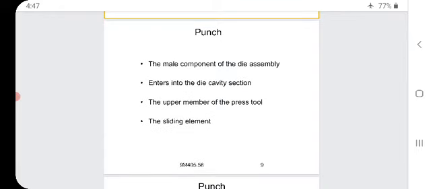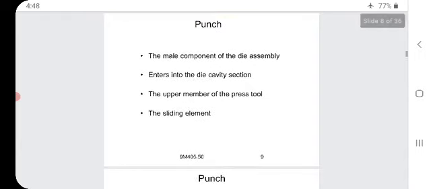Punch: the male component of the die assembly. The punch is nothing but the male component of the die assembly. It enters into the die cavity section. It is the upper member of the press tool and the sliding element.